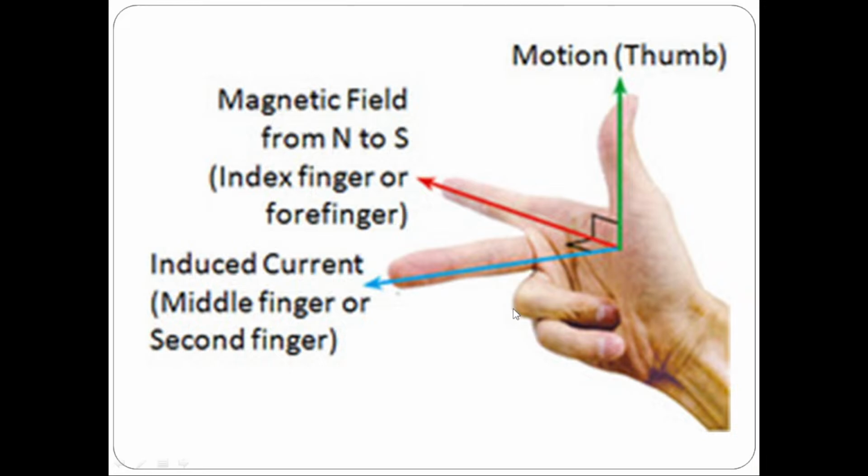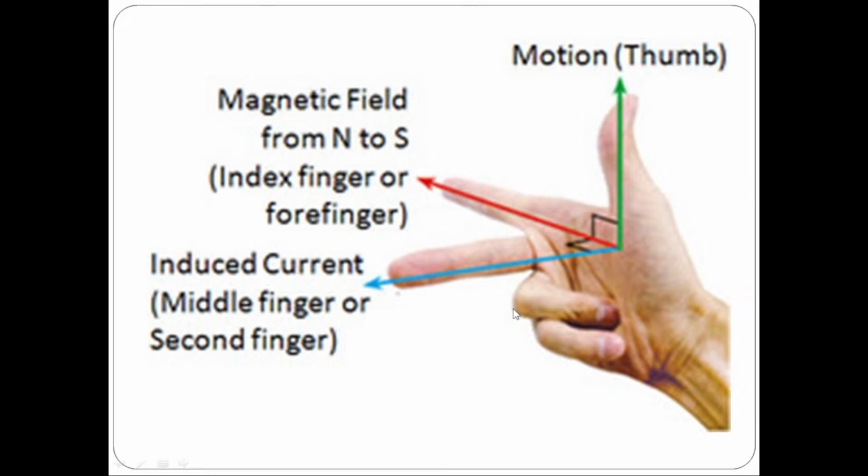If the forefinger represents the direction in which the magnetic field is flowing, the flux lines travelling from north to south pole, then the middle finger will represent the induced current, or the induced EMF, the direction of the induced voltage.